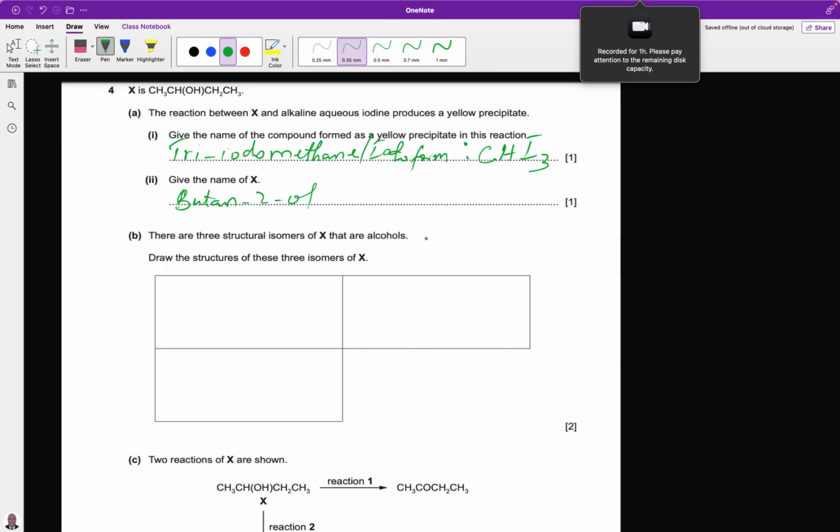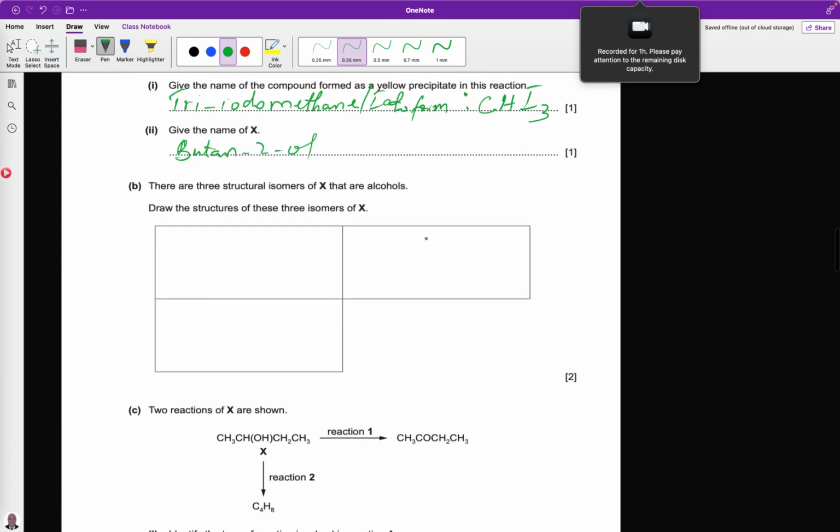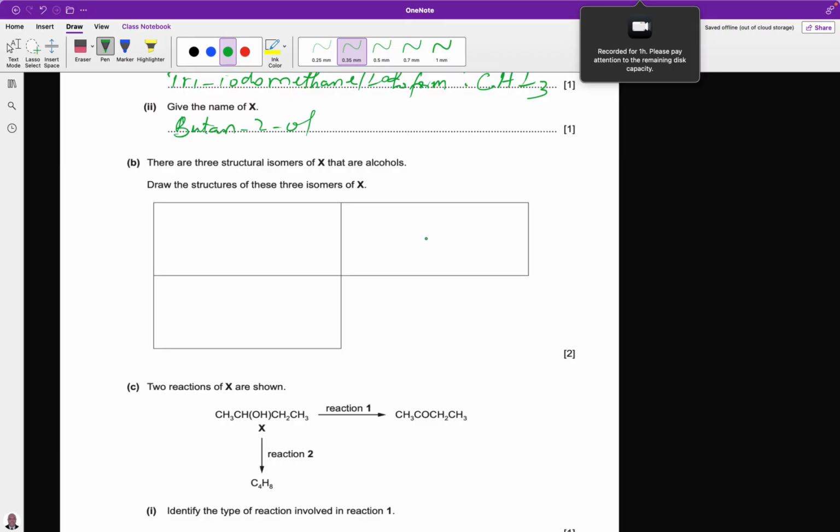The B part says there are 3 structural isomers of X that are alcohols. Draw the structures of these 3 isomers of X. So now, the first structure, of course, will give us different structures: primary alcohol, secondary alcohol, and tertiary alcohol.